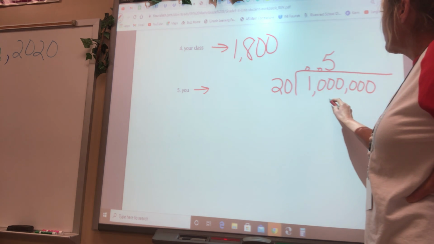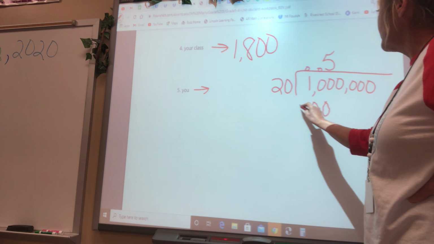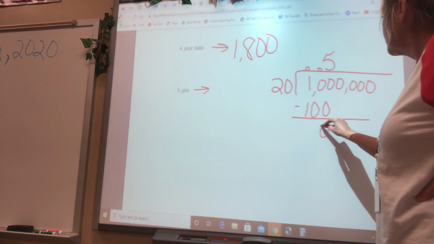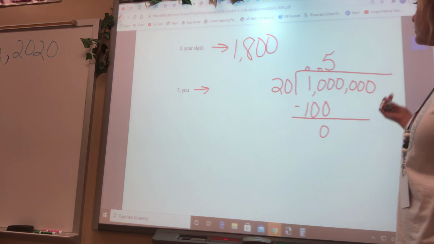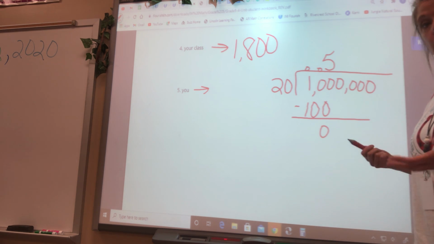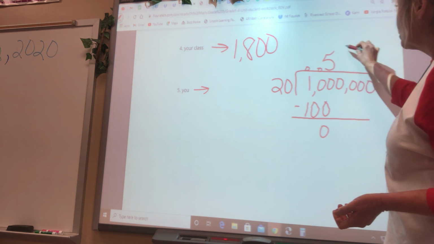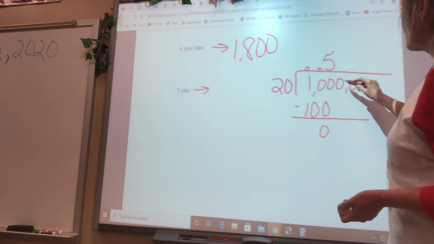20 goes into 100 5 times. 5 times 0 is 0. 5 times 2 is 10, and then I subtract. And everything I would have left to bring down is a 0. So we can use our quick math option. I would go to my quotient. Remember, the answer is your quotient.